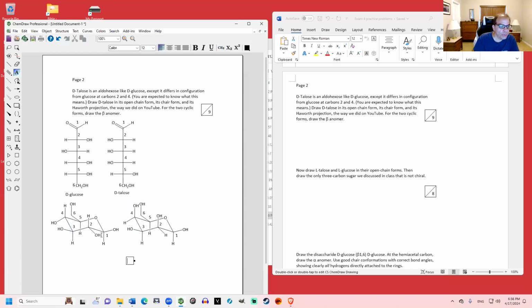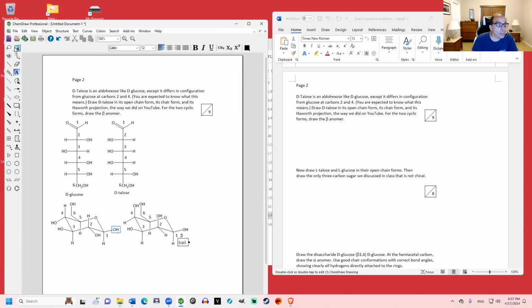So this is glucose, this is talose. And in both cases, we have the beta anomer, because the OH group is pointing up.